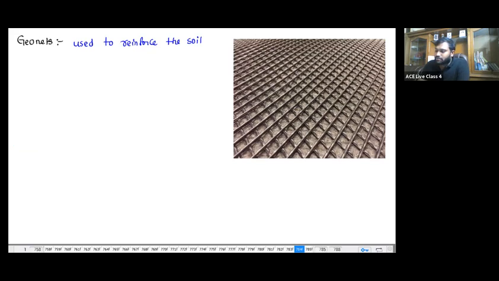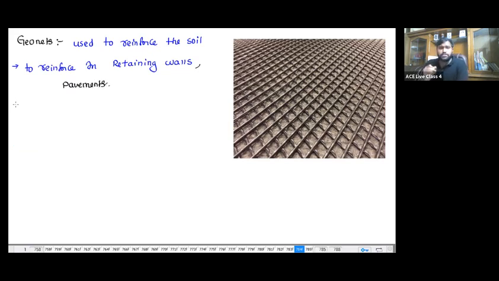Generally, we use this one to reinforce retaining walls. And in pavements, we go for the geosynthetics or geonets.